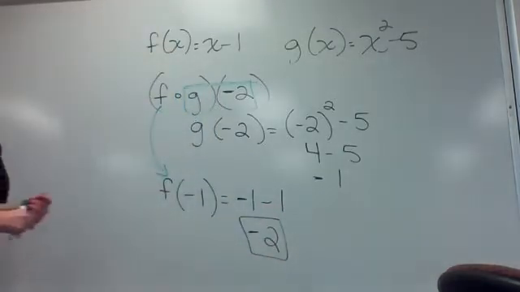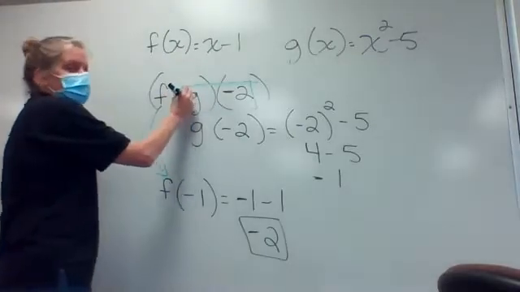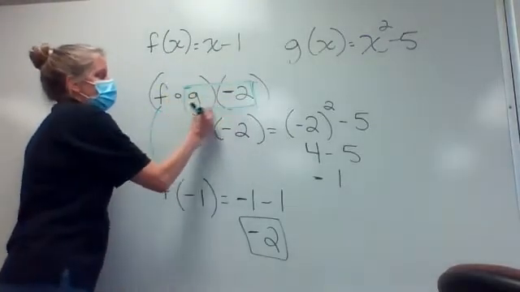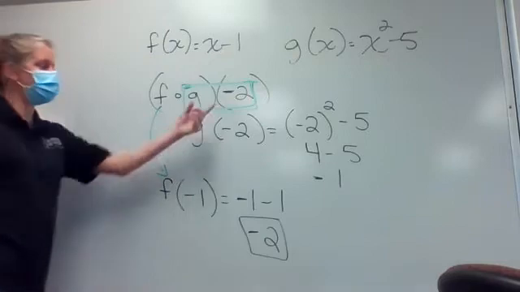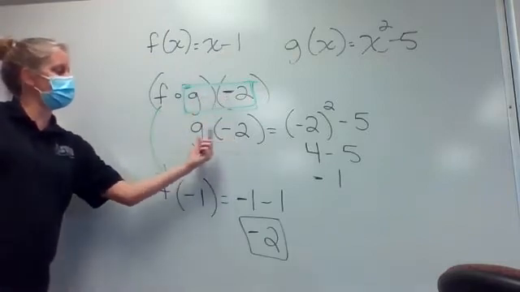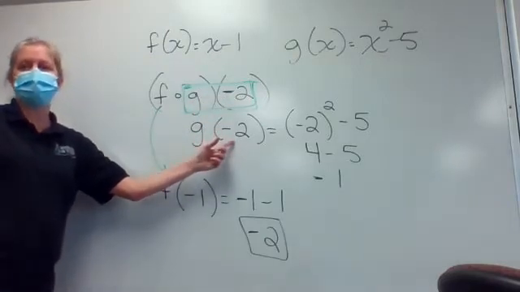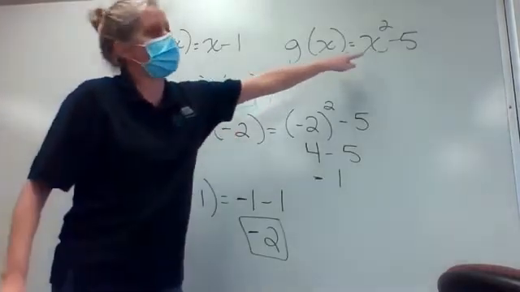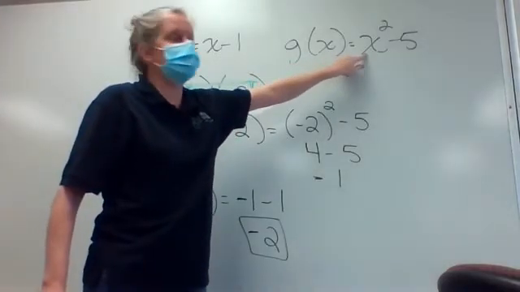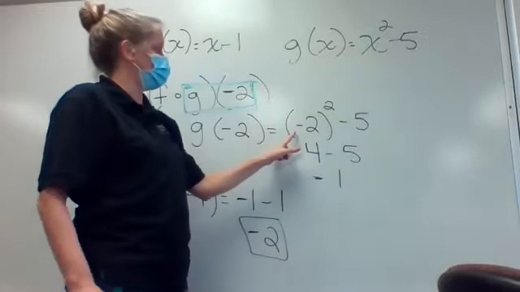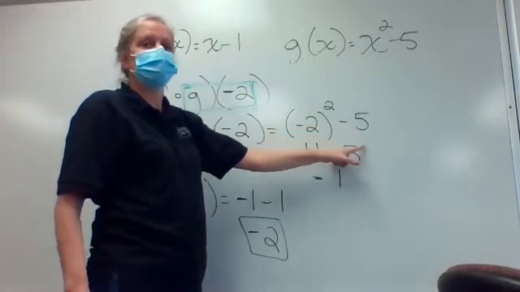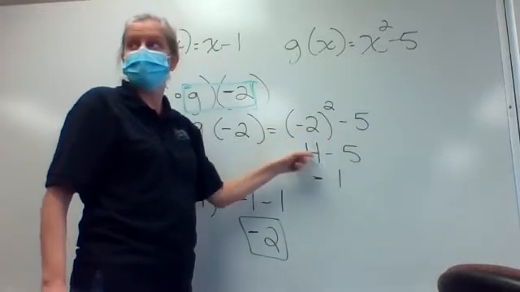So again, the steps when you're doing composition: whatever is in that position, you find first. So I'm bringing that down and finding g of negative 2 by going to my g function and replacing its x with negative 2. So I had negative 2 squared minus 5.